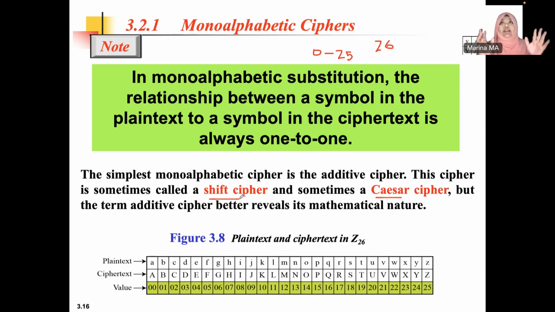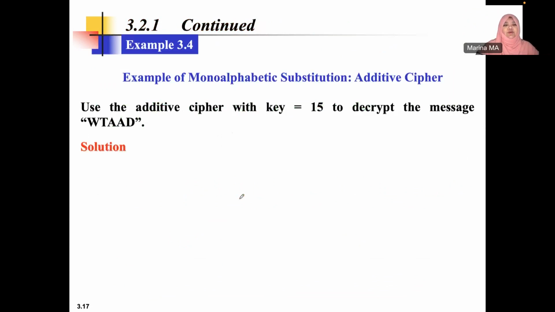But in Caesar cipher, you need to know how many numbers you're going to shift. So look at this example. We have monoalphabetic substitution. That's why another name for Caesar cipher is shift cipher or additive cipher. We add.